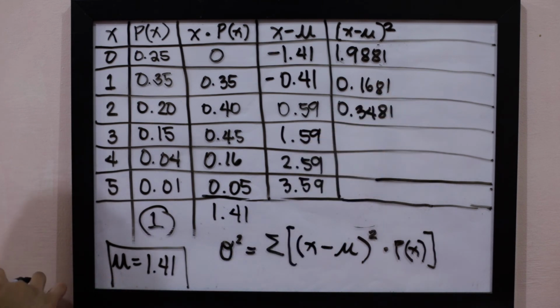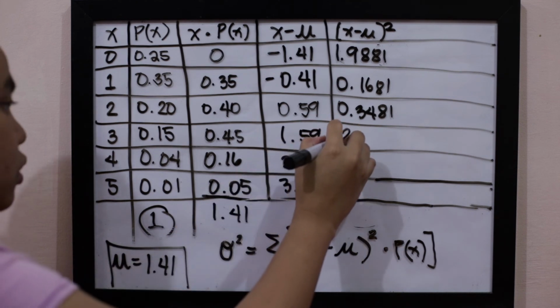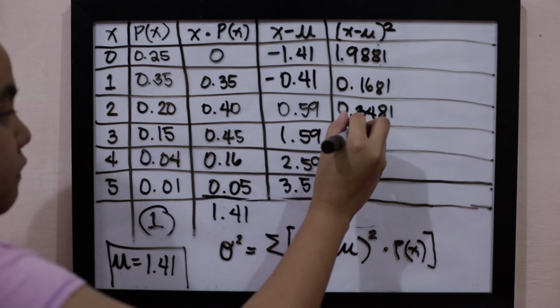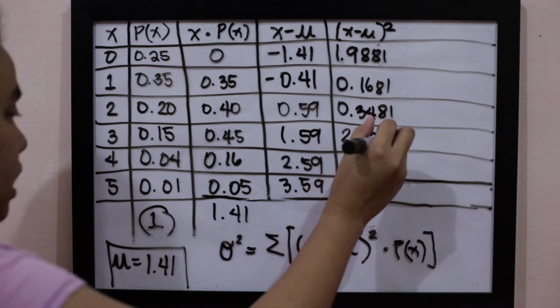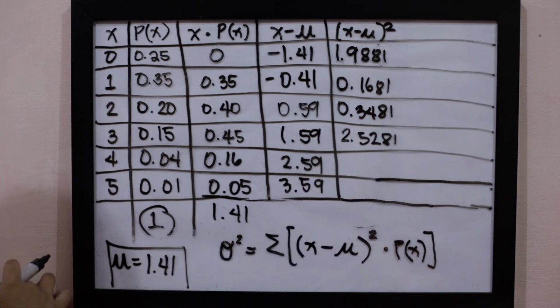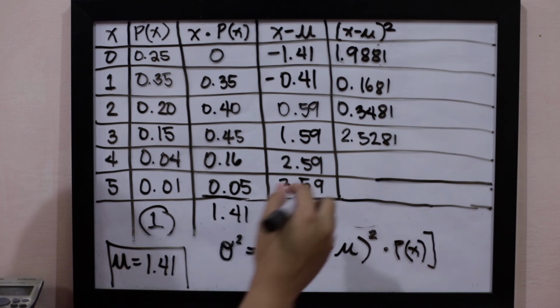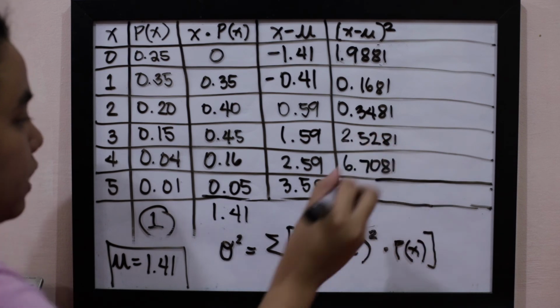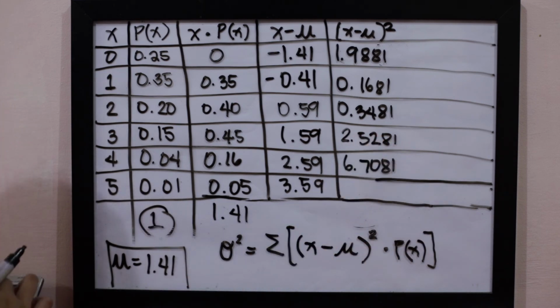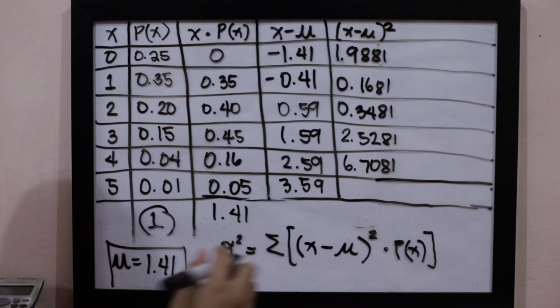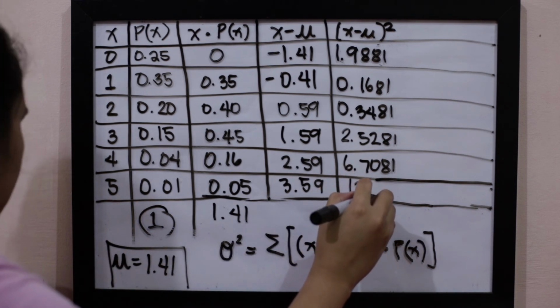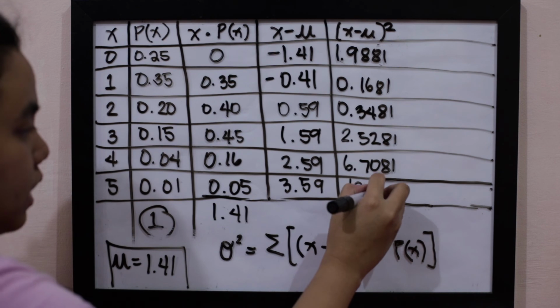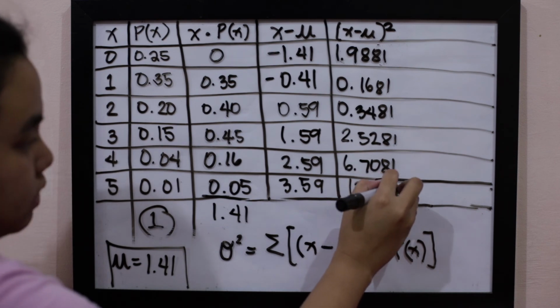And then 1.59 squared is 2.5281. And then next, 2.59 squared is 6.7081. And then for the last one, 3.59 squared is 12.8881.